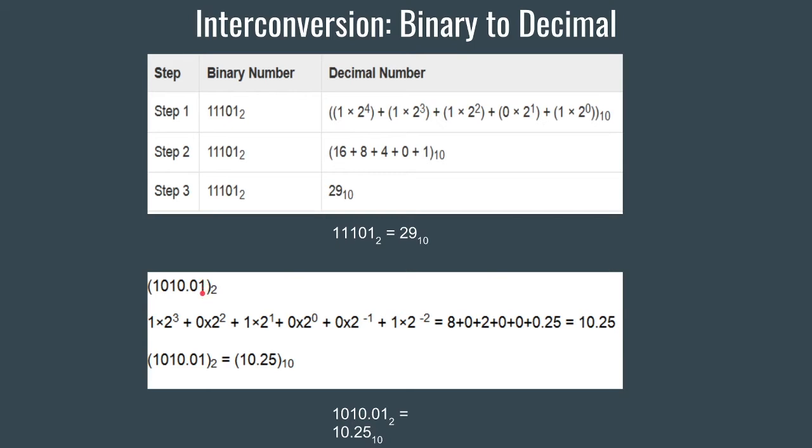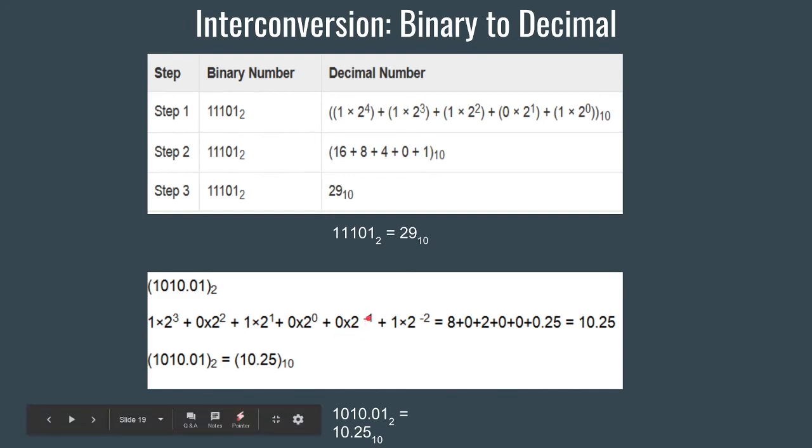So the position of this 1 is -2, so we write 1 into 2 to the power -2. And obviously the digits before the decimal remain the same. That is 1 into 2 to the power 3, 0 into 2 square, 1 into 2 to the power 1, and 0 into 2 to the power 0. So that part remains the same, and we just add this extra part that is after the decimal.